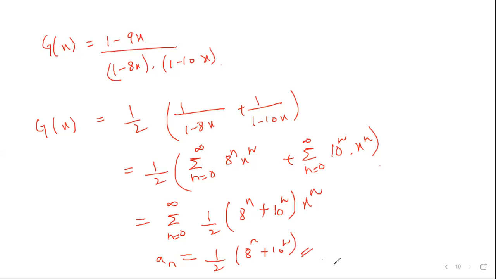So this is the final solution. Now, please look into partial fractions before you go for this problem, and try solving all the other recurrence relation problems using the generating function concept.